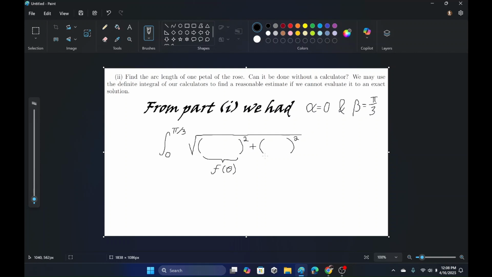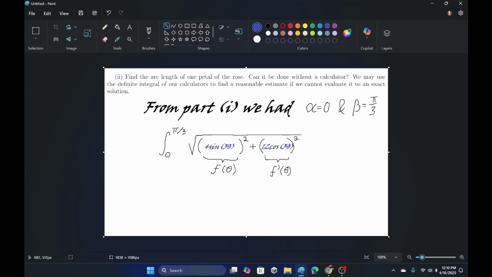And then here in the second term, f prime of theta will go in the parentheses, and we got the power 2 on the outside for both expressions. All right, so I put in f of theta that was given in the question. R equals this thing for sine of 3 theta. And then f prime of theta is the derivative.